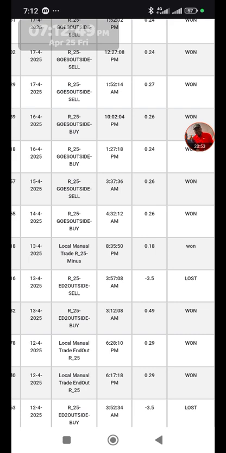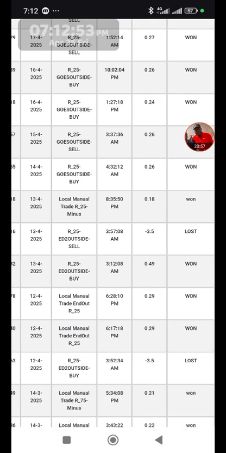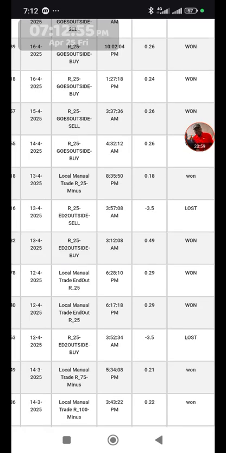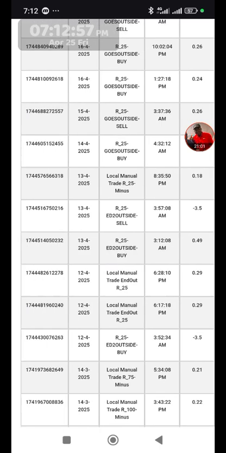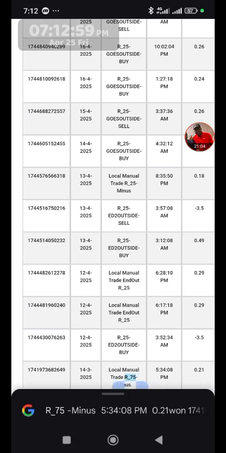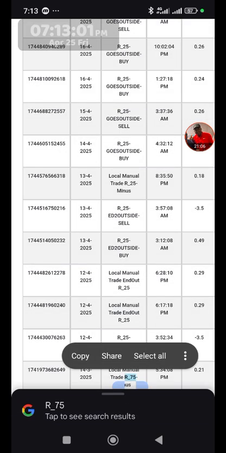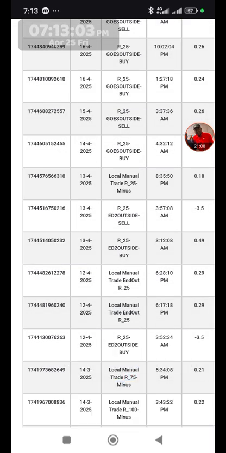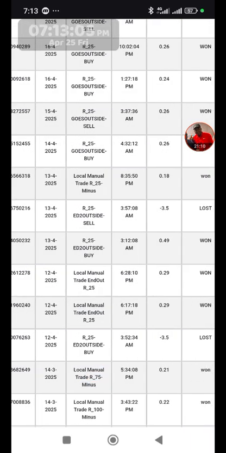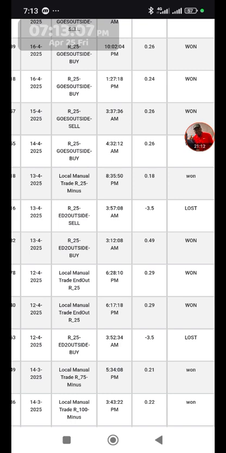Now, this was where we started having issues. Okay, these two trades. You see this first one after this here. Local trade is what those were, manual trades. I think the one that recorded these losses, I didn't know.